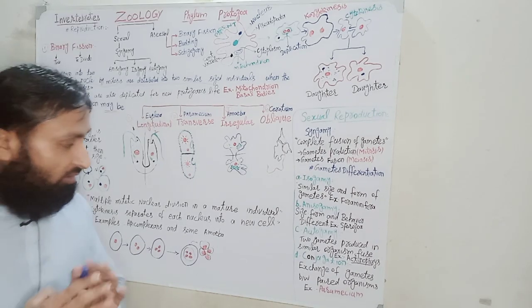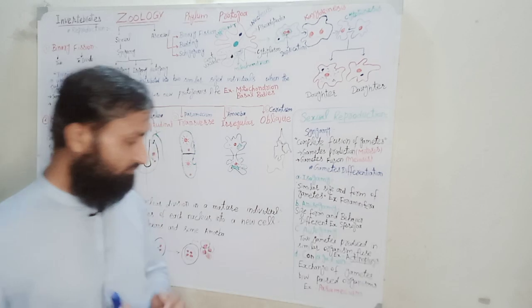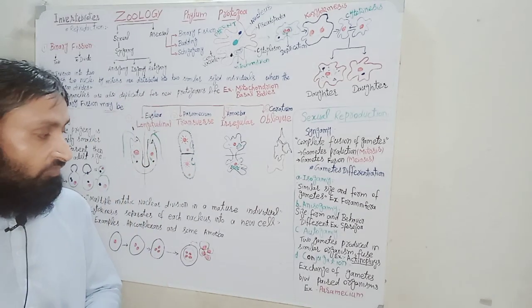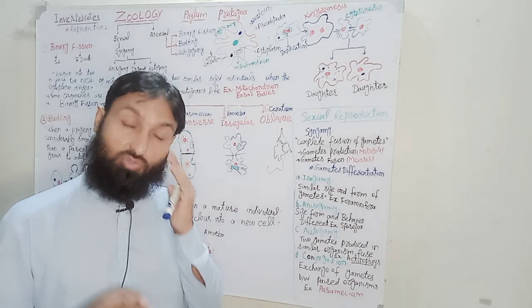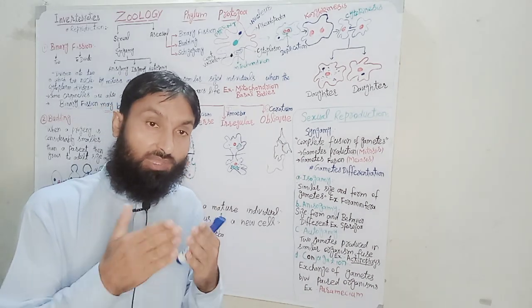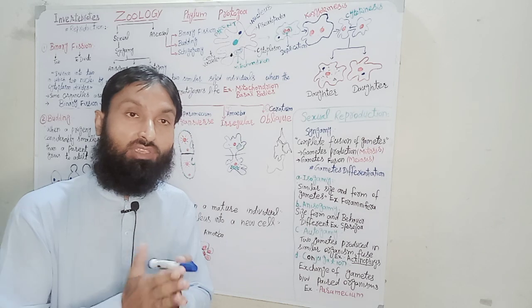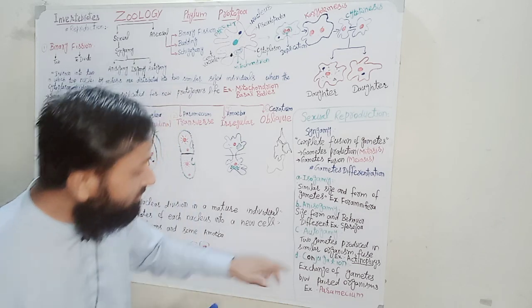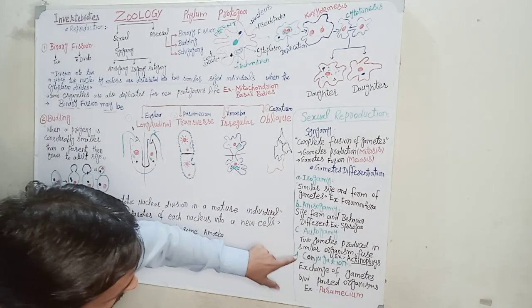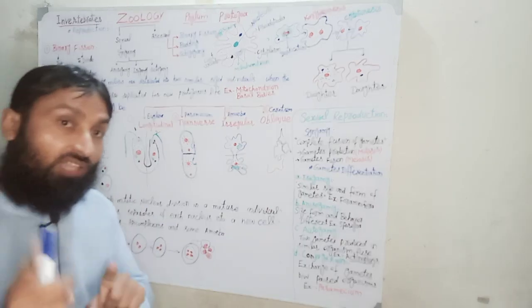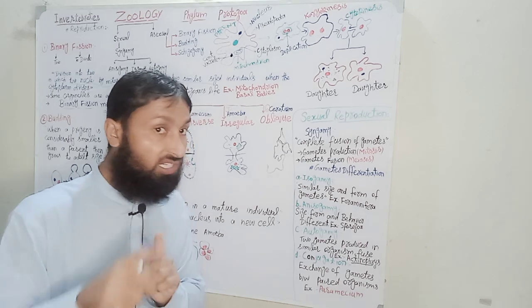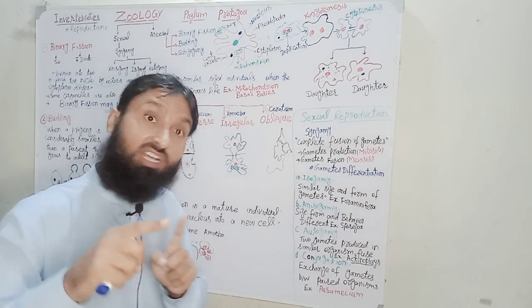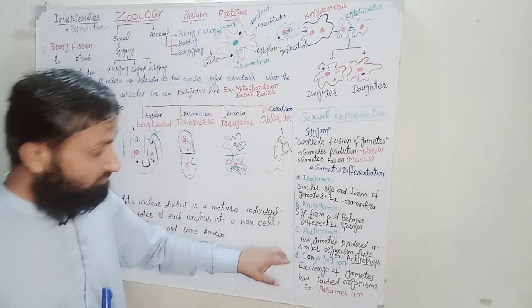Conjugation means exchange of gametes between organisms. When two organisms in pair form combine, this is called conjugation. But keep in your mind that this union is temporary, not permanent or complete fusion.